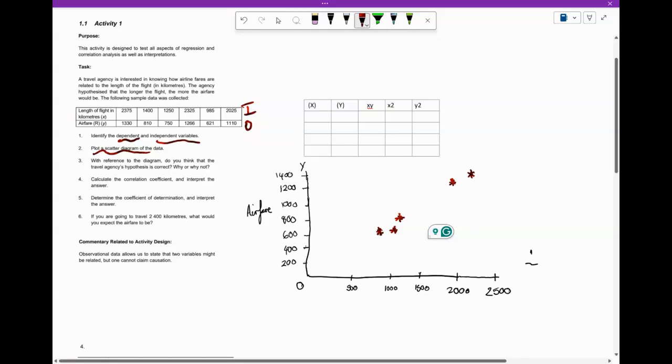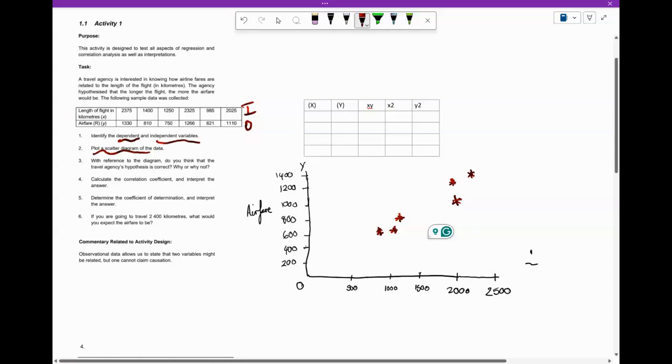And then finally the last one, y-axis 1110, somewhere in there, and the x-axis is 2025, somewhere there.